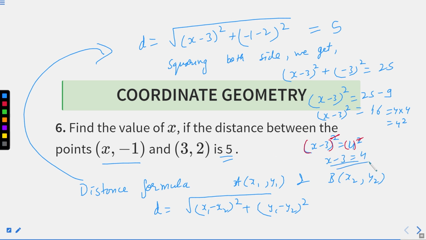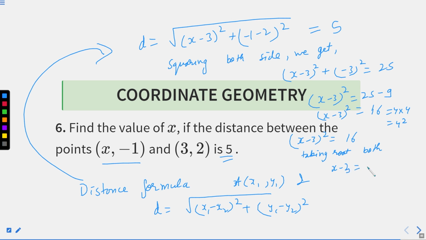Let me do it again, you will be confused. If (x - 3) whole square is equal to 16, now taking roots on both sides, we get x - 3 is equal to plus or minus root 16, which is equal to plus or minus 4.